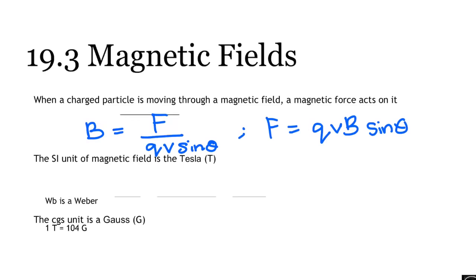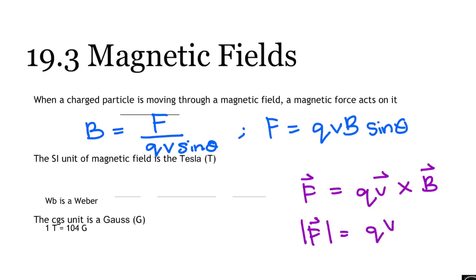Why is there a sin theta there? Actually, F here is a cross product, where you have qv cross B, if you still remember your math. So the magnitude of F is the magnitude of qvB sin theta.